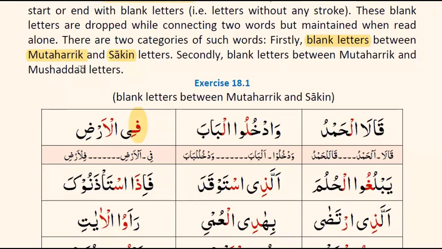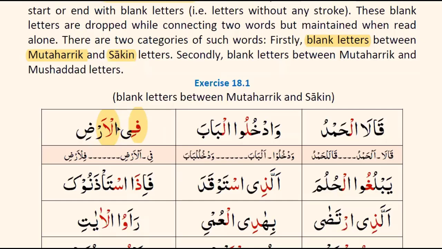It could be fatha, damma, or kasra. So that letter is called mutaharrik. We can see here the fa carries a kasra, so it's a mutaharrik letter. And a sakin letter is here, we can see the lam, it carries a sukoon on top. So this lam has become a sakin letter.